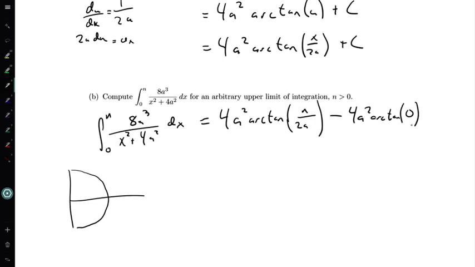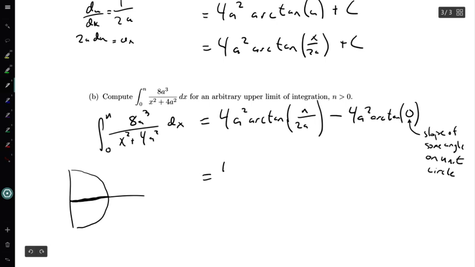So here, if I'm thinking about this input as representing the slope of some angle on the unit circle, then slope 0 corresponds to a horizontal line. The only way I can draw a horizontal line here on my unit circle is if I draw this one. And we want to think about what's the corresponding angle there. The corresponding angle is 0. So arctangent of 0 is 0.